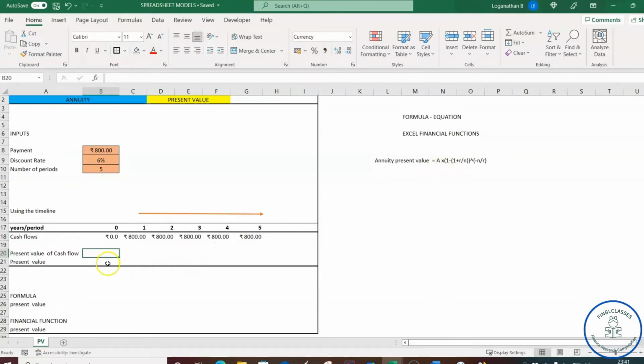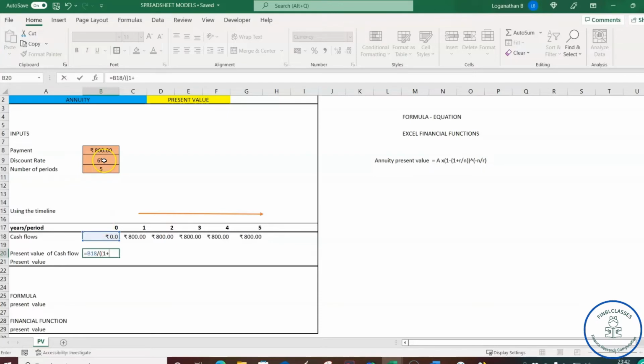Now we have to calculate the present value by putting in the formula. So equal to, first you have to select the cash flow, that is this one, the 0th period. What is the 0th period payment? It is 0. So B18 divided by, then open the bracket, 1, once again open the bracket, 1 plus, then select the rate.